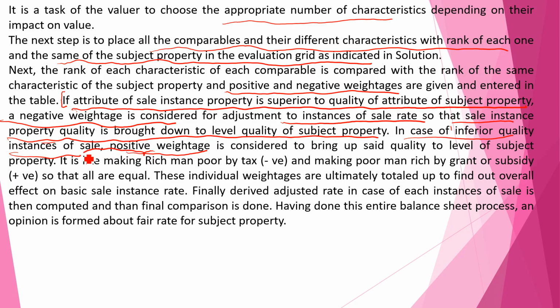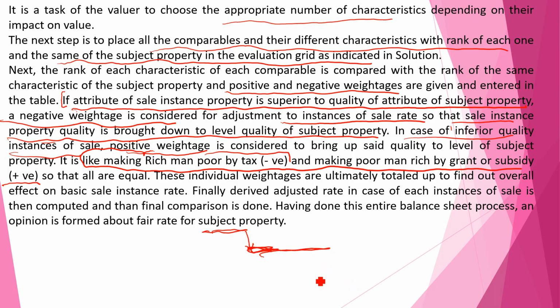Our purpose is to make the rich man poor by tax and the poor man rich by grant or subsidy, meaning giving positive weightage and negative weightage. So we have to bring it to the same level. If some attribute is at a higher level than the subject property, then we will try to bring it back to our level.